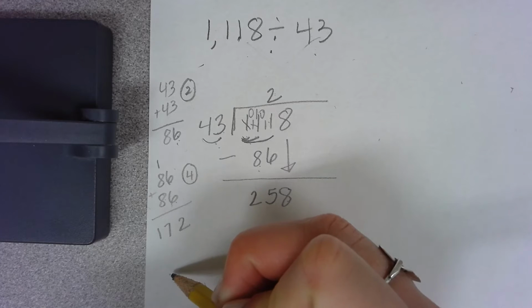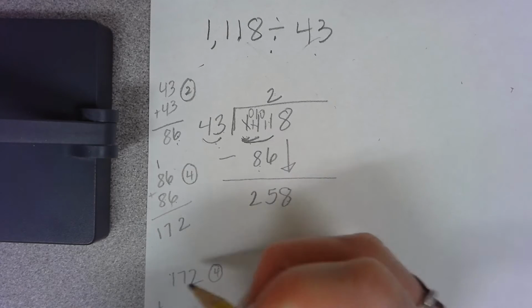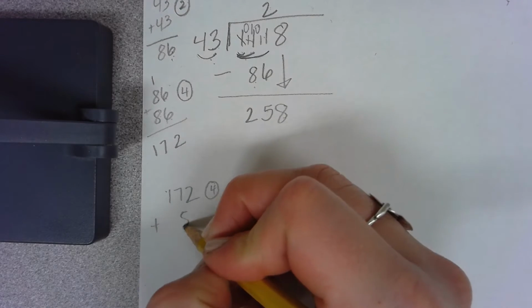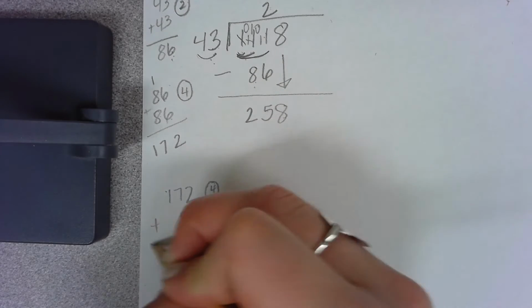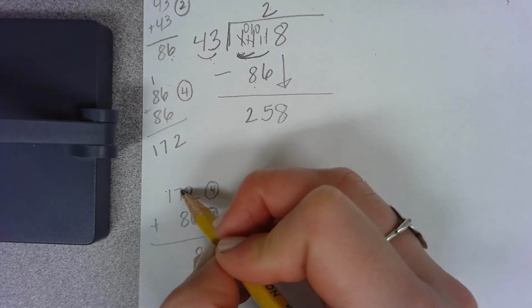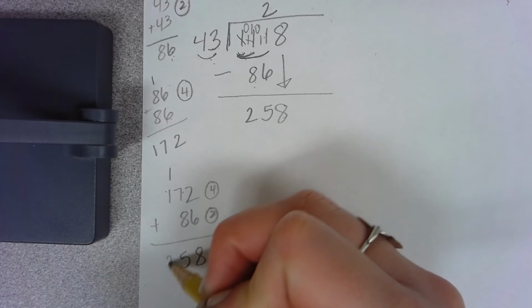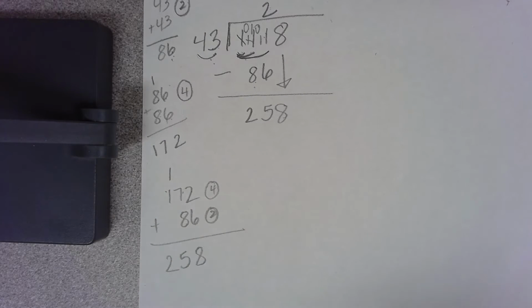2 here, 86. So I'm up to 4. So 172, which is 4 groups of 43, plus 86, which is another 2 groups. 2 plus 6 is 8. 7 plus 8 is 15. 1 plus 1 is 2, and look at that. I get it exactly.